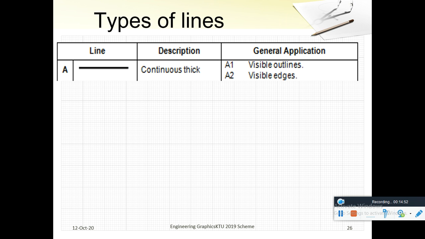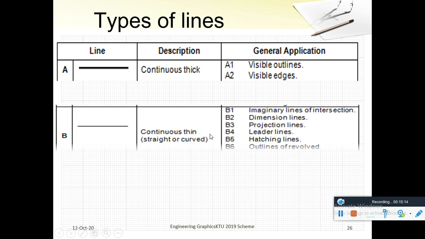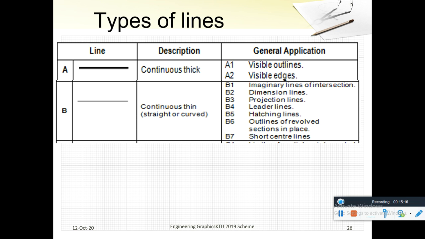And types of lines. You have to understand the different types of lines. Continuous thick line, type A line. All the visible outlines of an object are drawn with thick lines. Continuous thin lines: imaginary line, dimension line, projection line, leader lines, hatching lines, etc. are drawn as continuous thin lines.